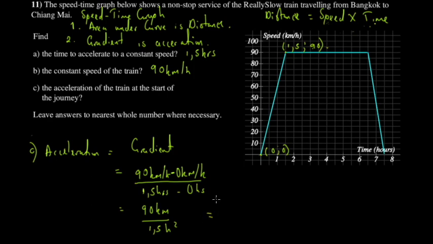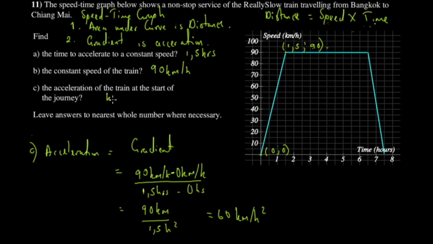Essentially you can convert this. Let me show you how. But for now, you get 60 kilometers per hour squared. We had kilometers per hour, and we're also dividing by hour.